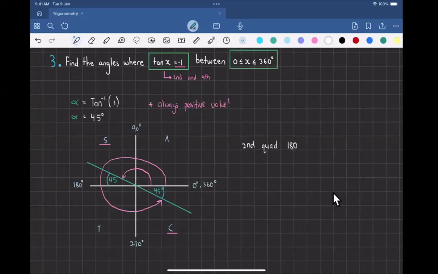So the answer in the second quadrant is 180 minus 45. The answer in the fourth quadrant is 360 minus 45. So my answers for x are 135, comma, 315.